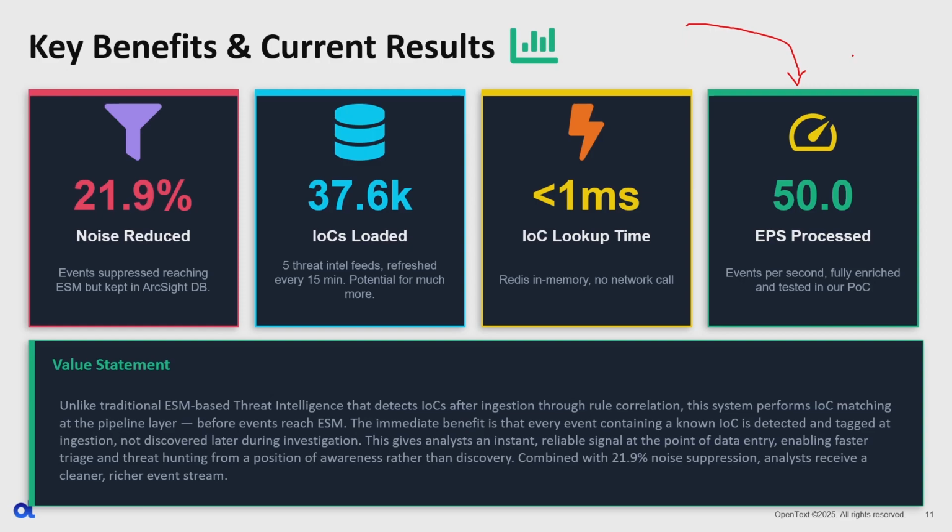But in a low EPS volume, it works pretty well. If it works pretty well in a low EPS, the only resource limitation, I would say, might be an eventual problem. But yeah, noise reduced, IOCs loaded currently in our environment, less than 1 millisecond lookup time.